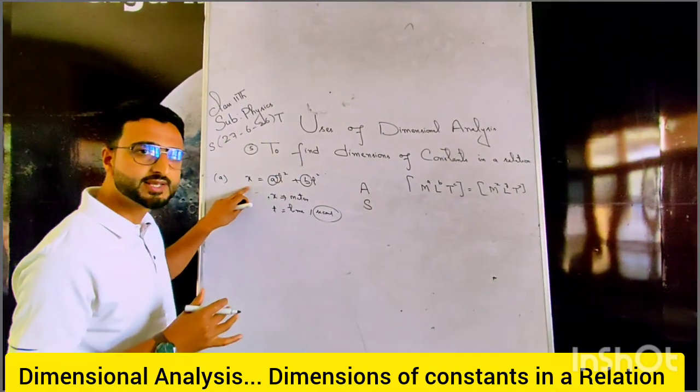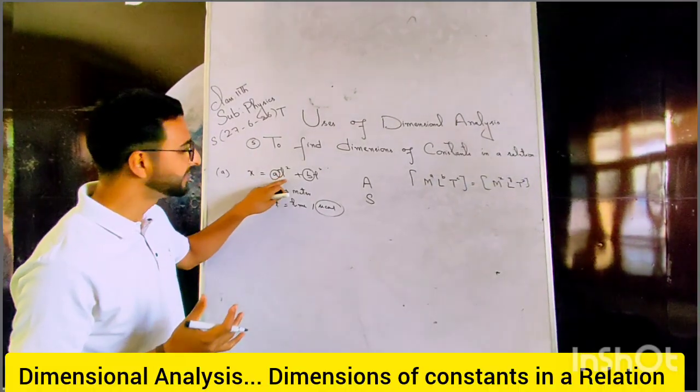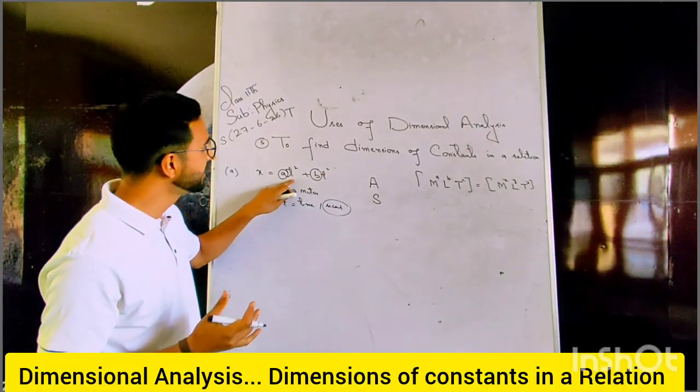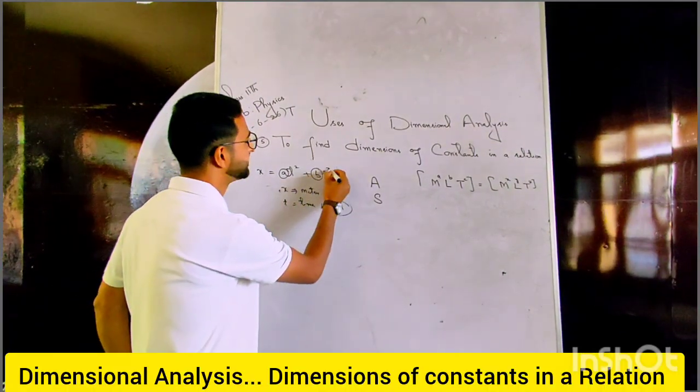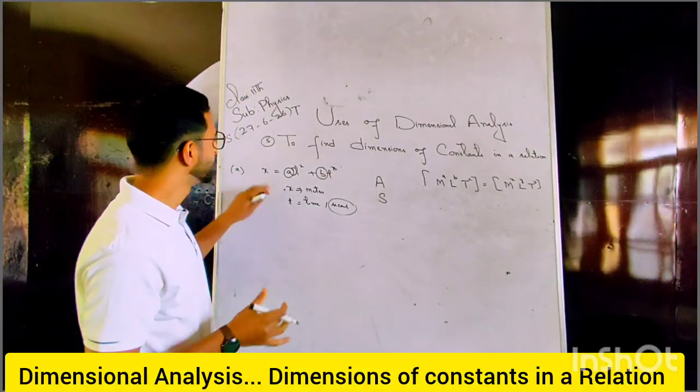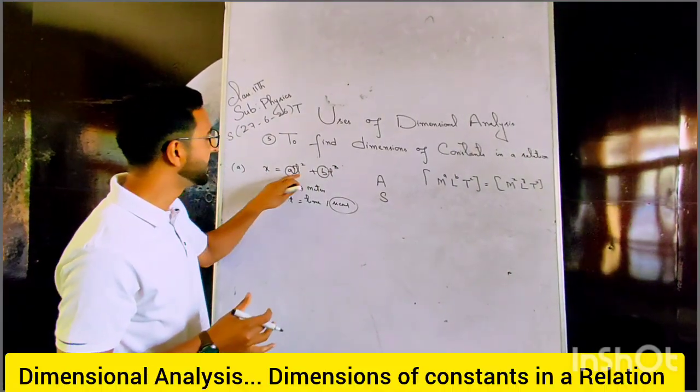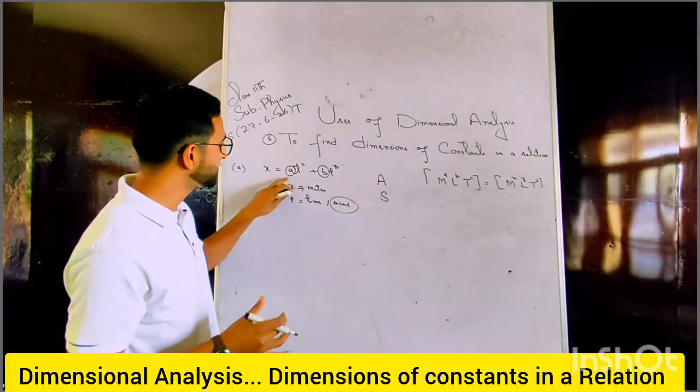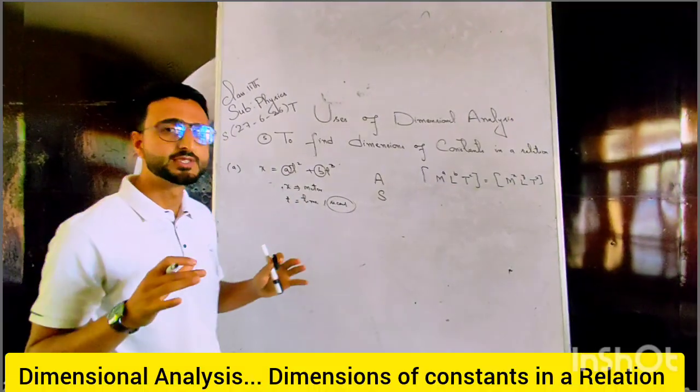So x here represents distance or displacement, t this time. So it is at square, let this be bt cube. So x here represents distance and t represents time. Let's try to find out the dimensions of a and b.